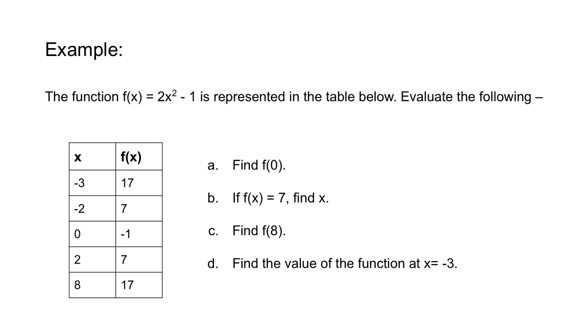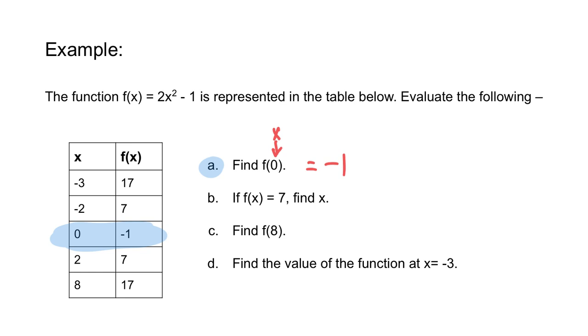So for A, when they say find f at 0, they want us to find the place where the x is 0. So if I look at my function, x is 0 right here. And so the value of the function right there is -1.